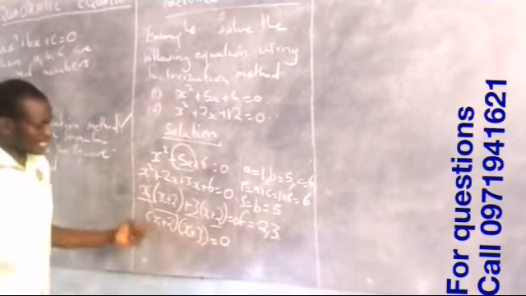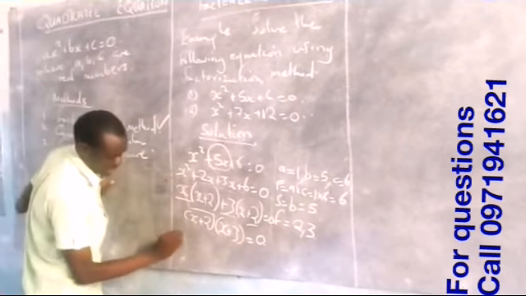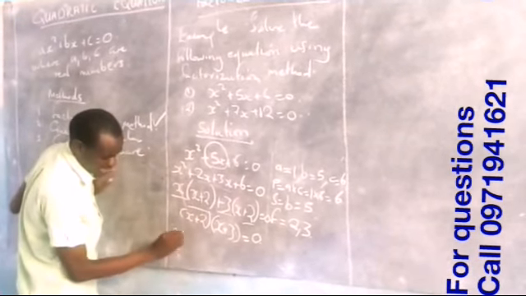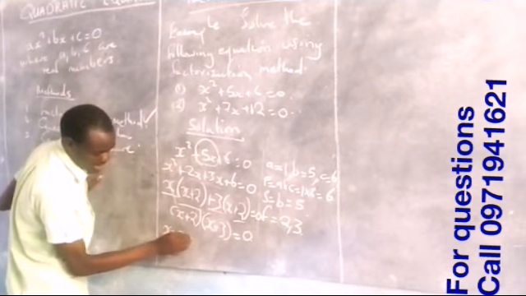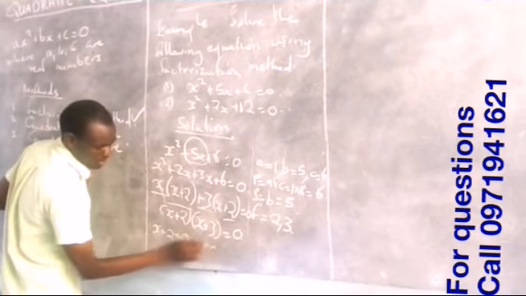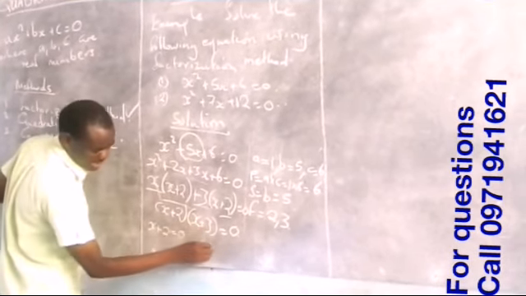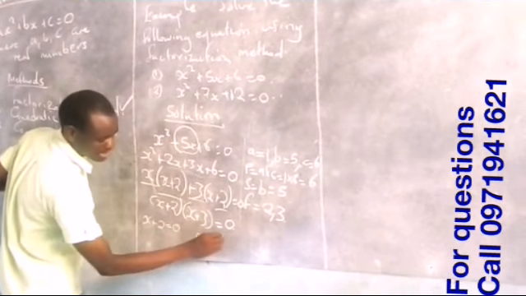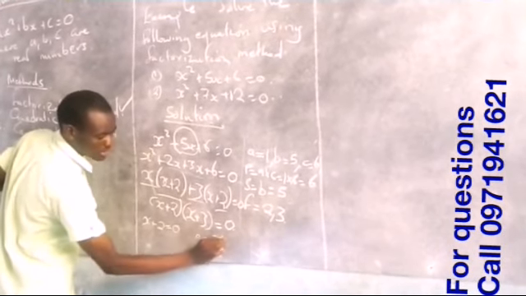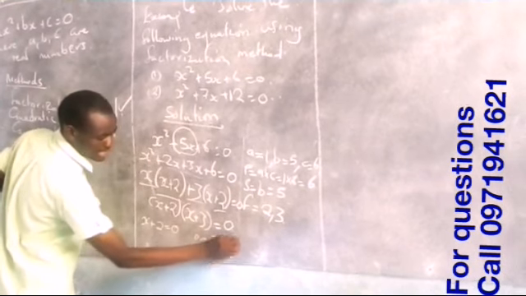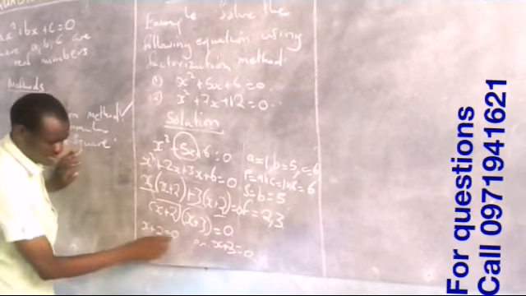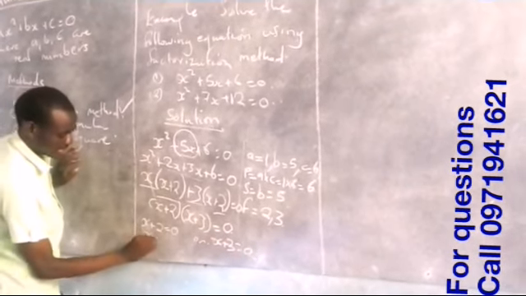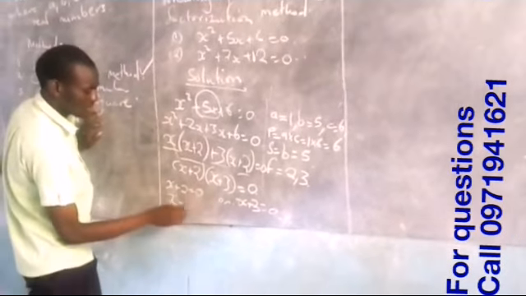To solve this finally, you equate the first bracket, x plus 2, equal to 0, or x plus 3 is equal to 0. When you solve this one, x is equal to negative 2.